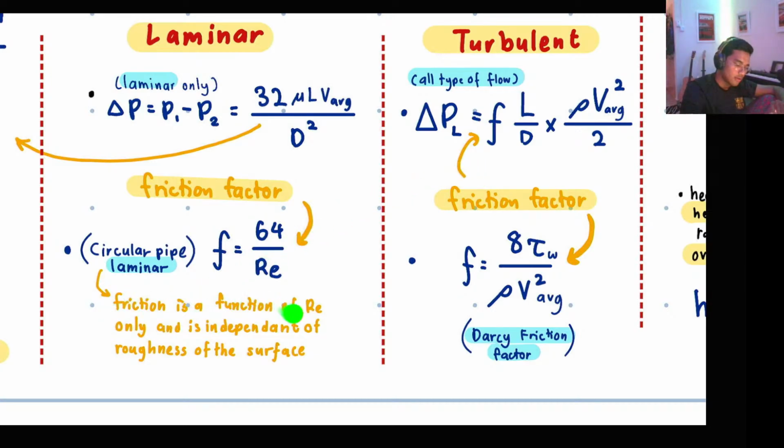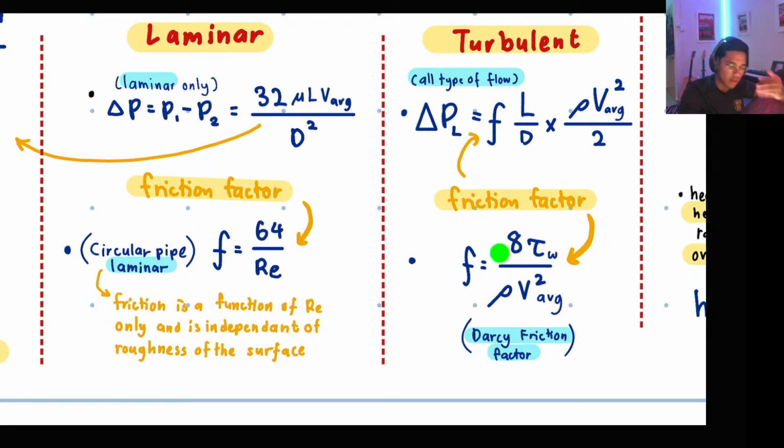This shows that the friction factor is a function of Reynolds number for laminar and is independent of the roughness of the surface. The pressure drop for laminar flow is independent of the friction factor, whereas the turbulent is dependent on the friction factor because there is F in the formula.